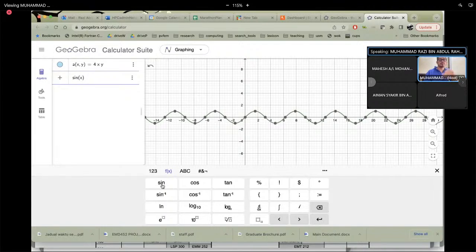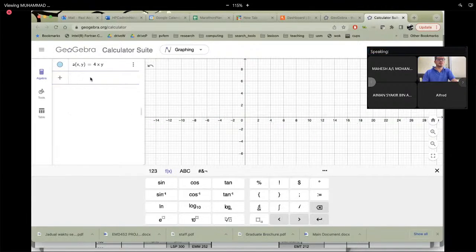Okay, so this is for sine of x, but if I want to do this, why? Okay.